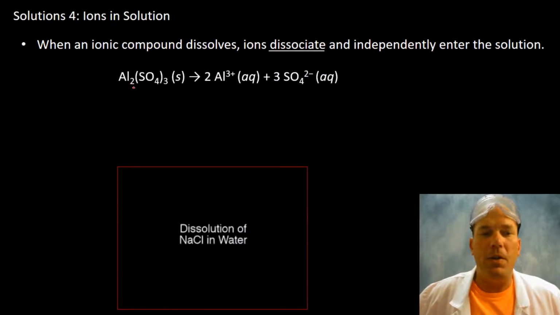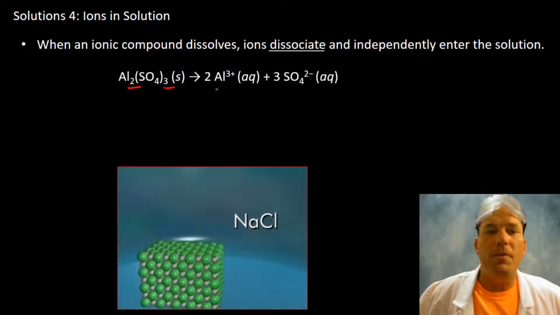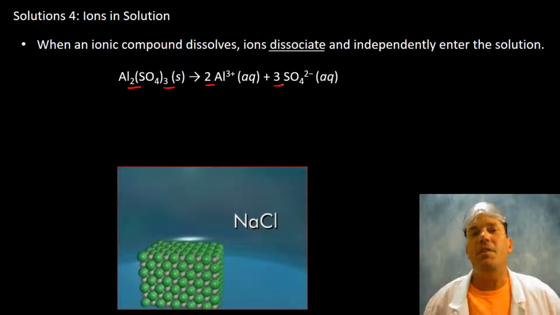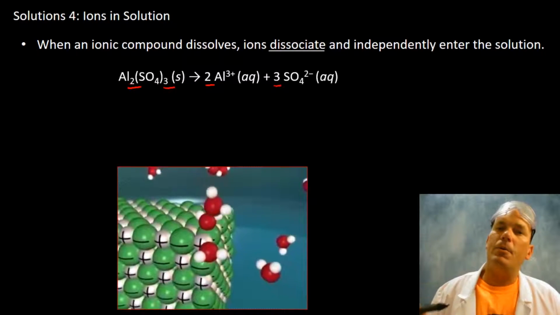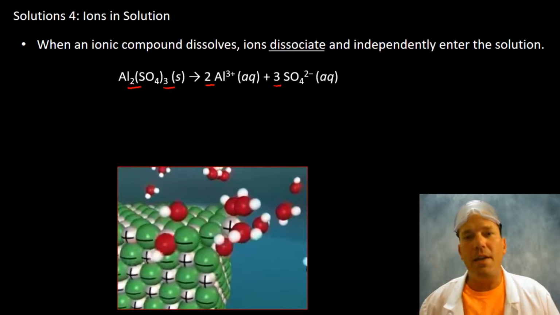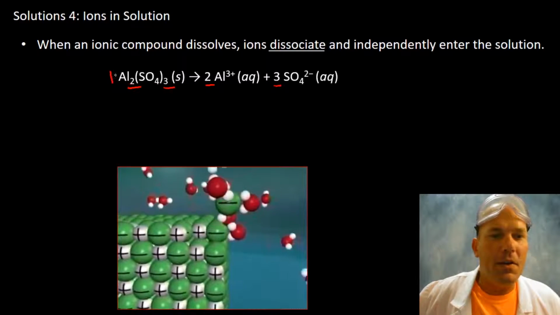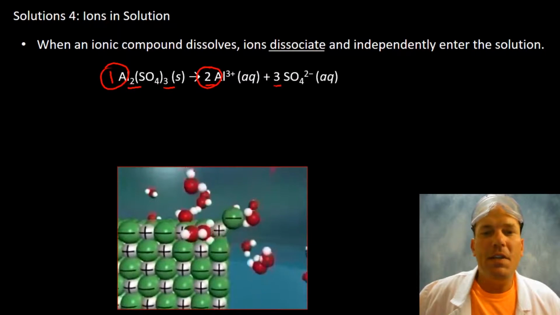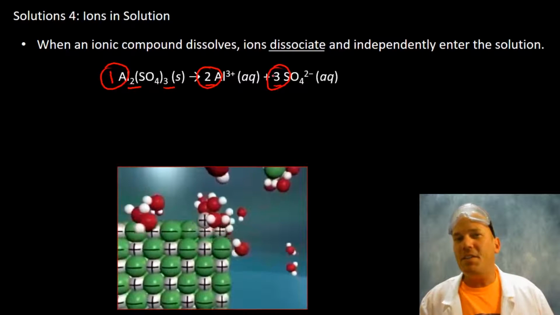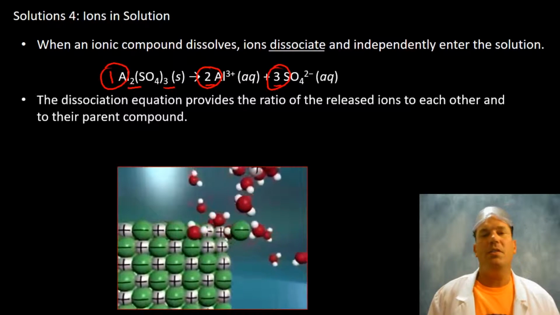Now also notice that subscripts have become coefficients, just like when we worked through writing net ionic equations. And if I put a 1 here, all of a sudden you see that we have a relationship here that we can utilize.